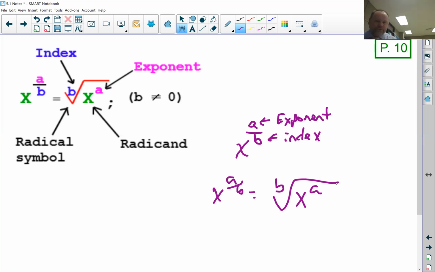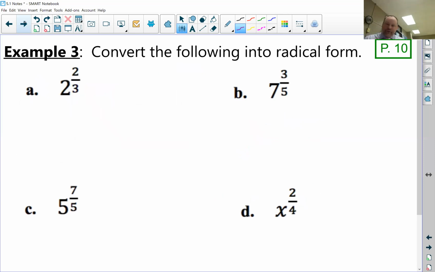And it works both ways. We could start with the radical form, the b root of x to the a, and write it in exponential form. Goes either way. All right. So converting to radical form.